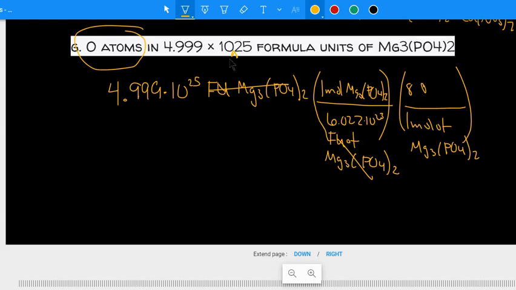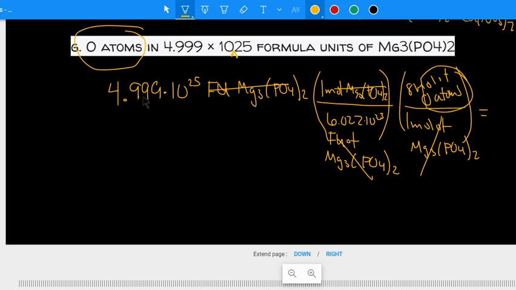Let's go 8 moles of oxygen is how I should say that, 8 moles of oxygen atoms. Okay, so moles of magnesium phosphate cross out, and I'm in moles of oxygen atoms.